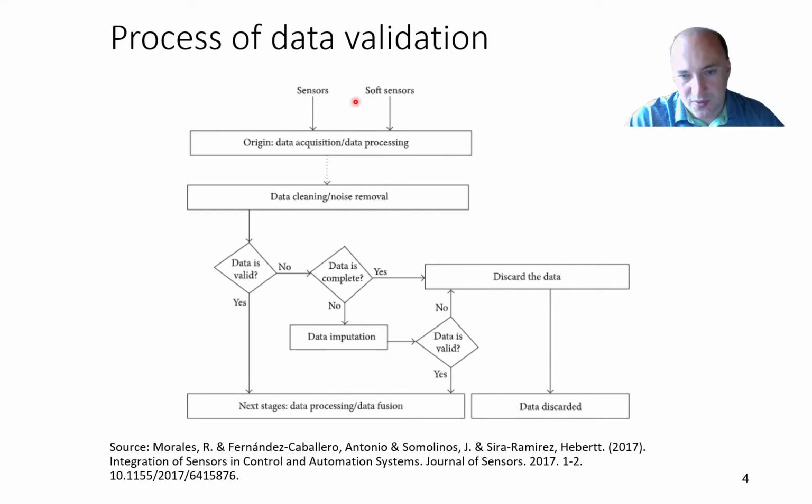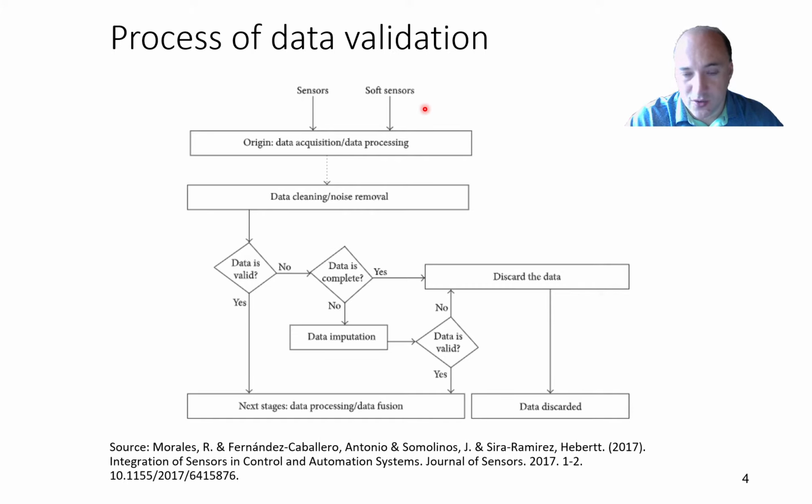The second input that you see is called soft sensors. This is an input that comes from sensors that are not real, that do not exist in hardware, but those sensors use algorithms to calculate variables that we want to measure as well. So for example, let's say I want to measure the temperature of some gas, and I know the pressure and I know the volume of my gas.